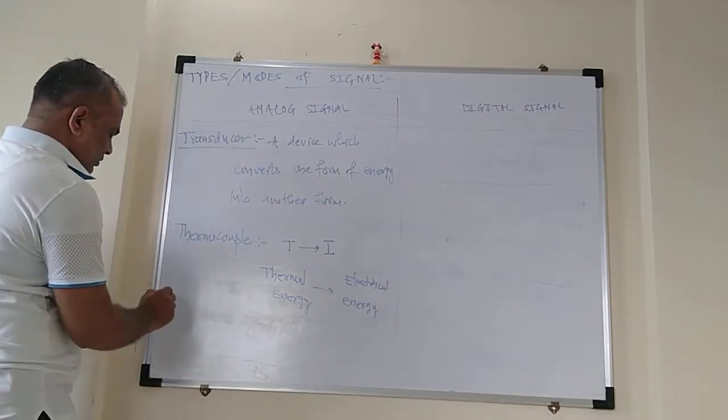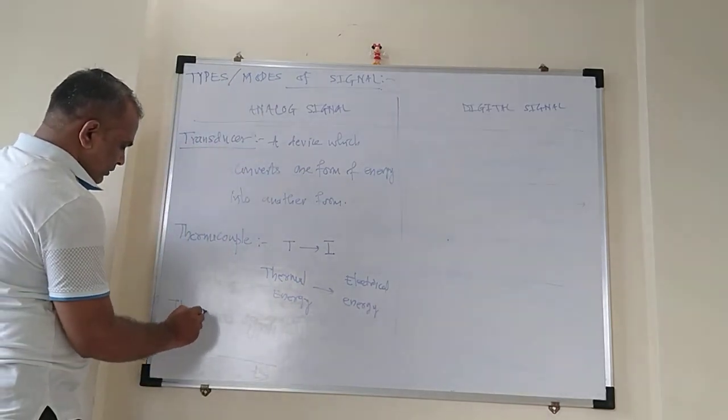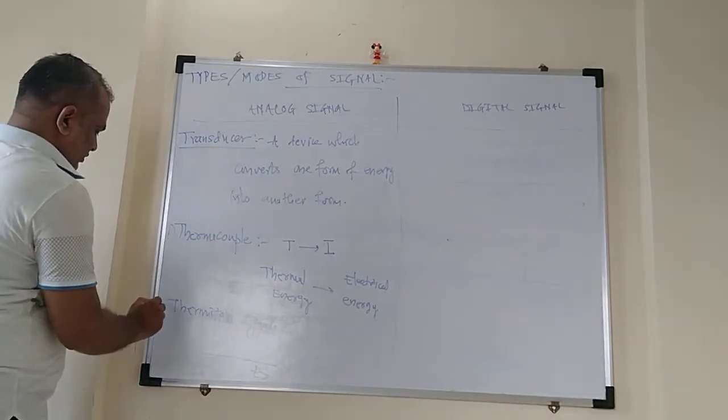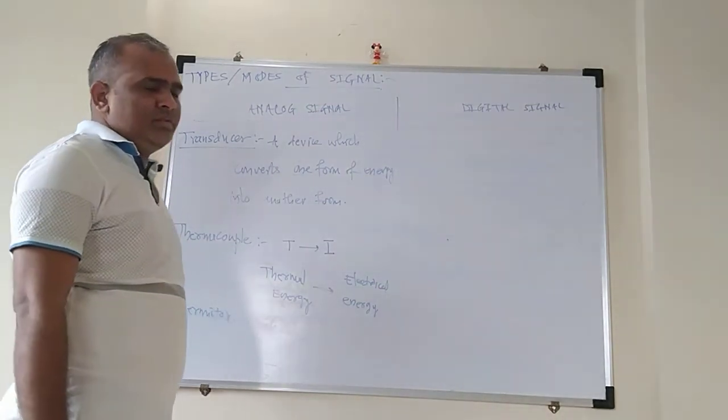In the same way your thermistor works. So thermistor is another example of a transducer. So there are various kinds of examples of a transducer.